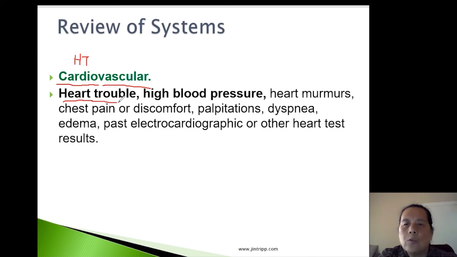Any kind of heart trouble before. And if the patient has high blood pressure and some other heart issue, or maybe chest pain and palpitation.